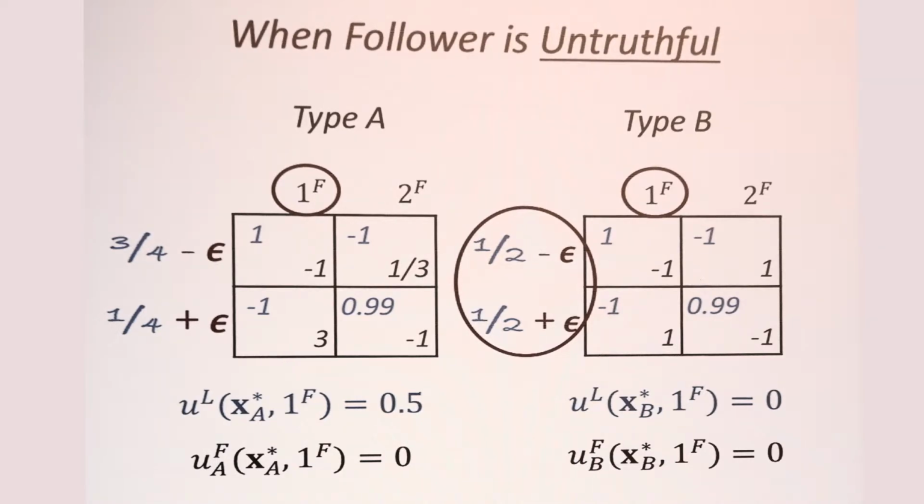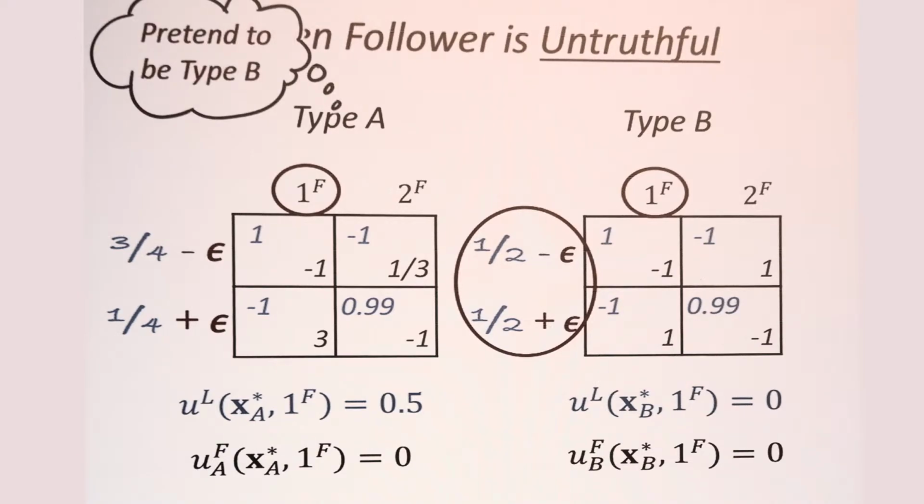And it's actually very easy for a type A follower to get the leader to play her optimal commitment on type B. A type A follower can simply pretend to be a type B follower and respond to the leader's learning algorithm according to the payoffs of a type B follower.